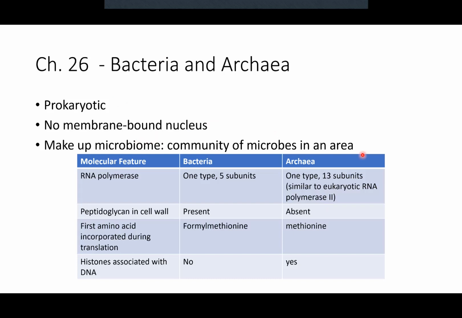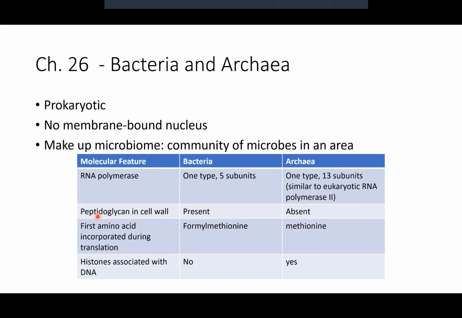And then if we want to break down some different molecular features, both bacteria and archaea have one type of RNA polymerase. Bacteria has 5 subunits and archaea has 13 subunits, which is similar to eukaryotic RNA polymerase 2.